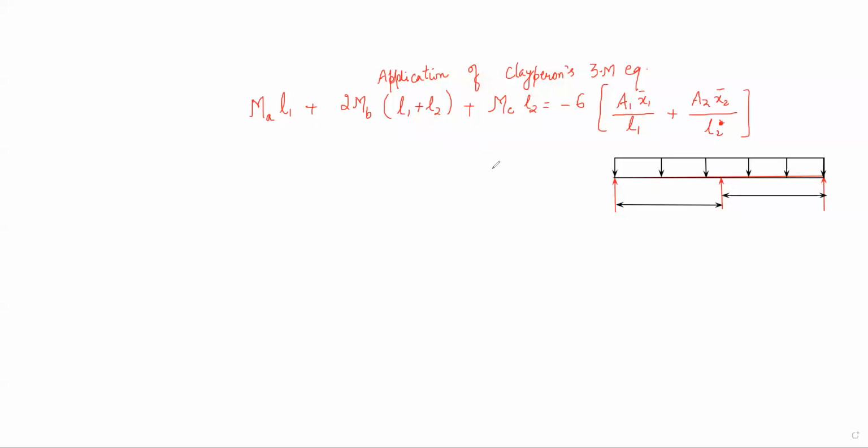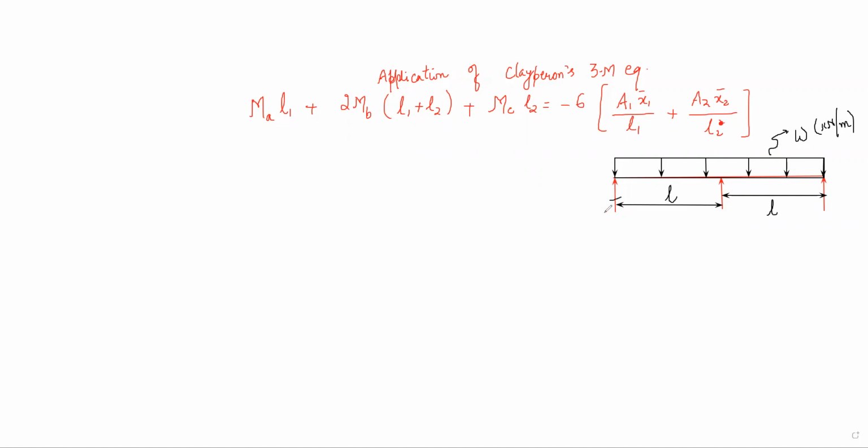Let me mark it. This is the uniformly distributed load, its intensity is W kilonewton per meter. This length is L, and this length is also L.